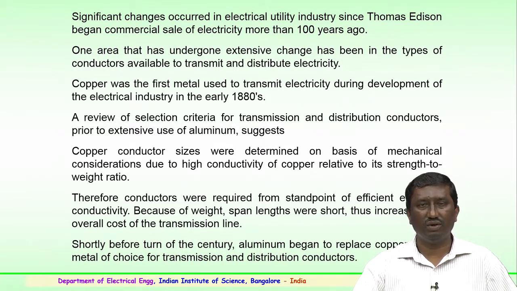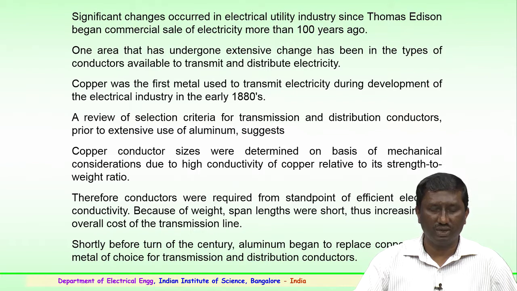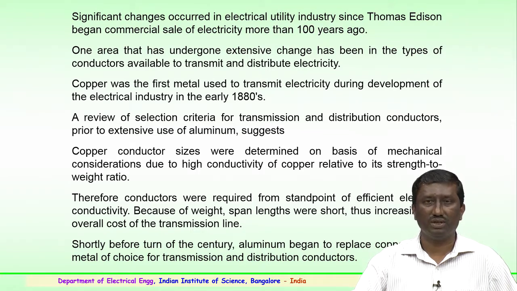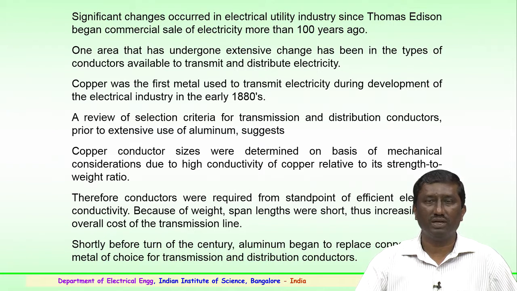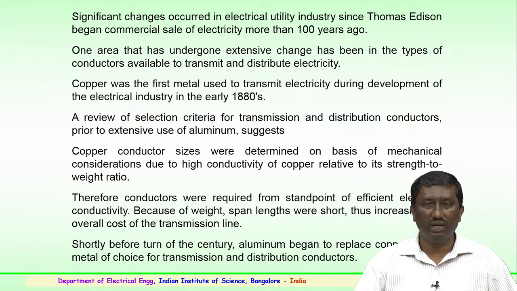Later, a review of selection criteria for transmission and distribution conductors prior to the extensive use of aluminum suggests that copper conductor sizes were determined on the basis of mechanical considerations, due to the high conductivity of copper relative to its strength to weight ratio.